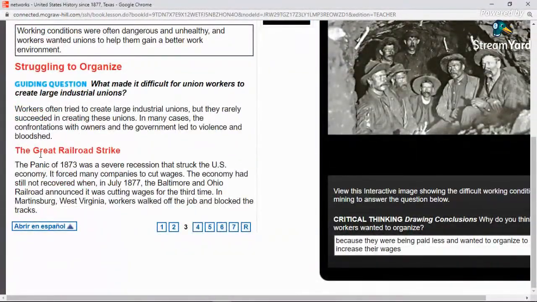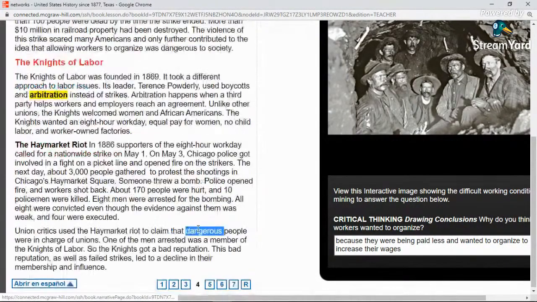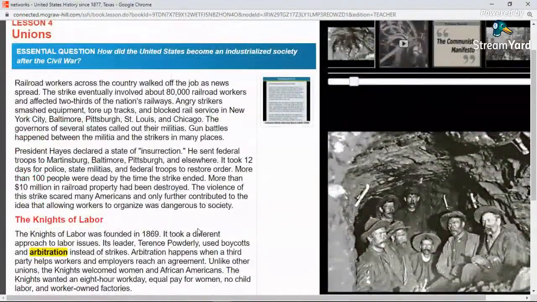So a strike here happened with the railroads. Now, this is a big problem, right? Because the railroad went across the country and it made the country run. So if these people did not go to work, 80,000 of them, it affected two-thirds of the nation's railways. And these strikers also smashed equipment, they tore up the tracks, it blocked rail service, there were gun battles.